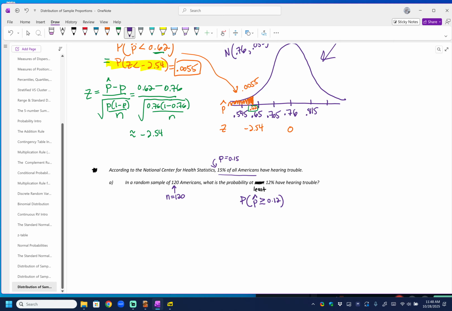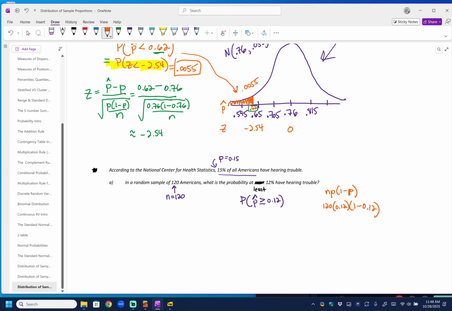Note that there was no mention of normality in the original population, so we want to make sure that we check np(1-p) to see if that's greater than or equal to 10. We are going to get 120 times 0.12 times 1 minus 0.12.